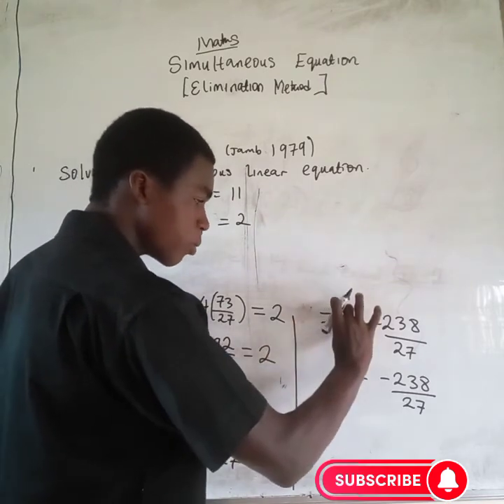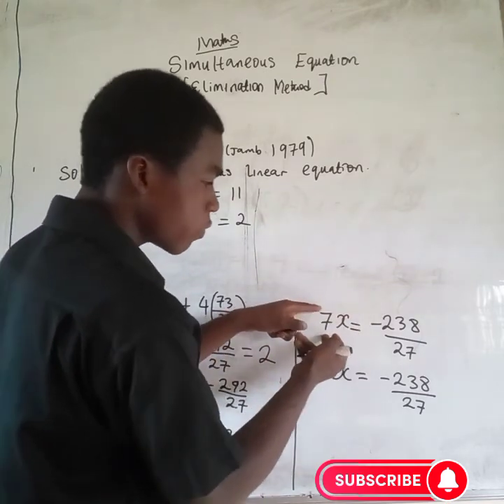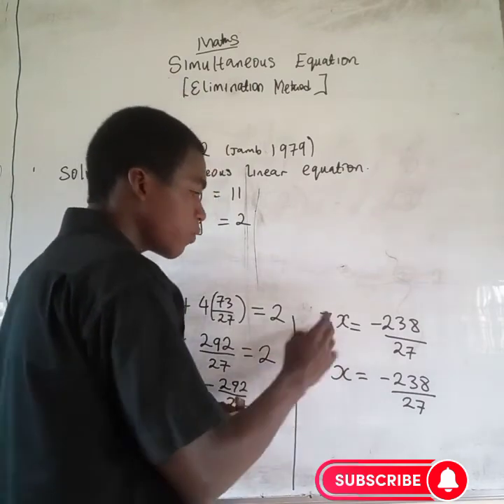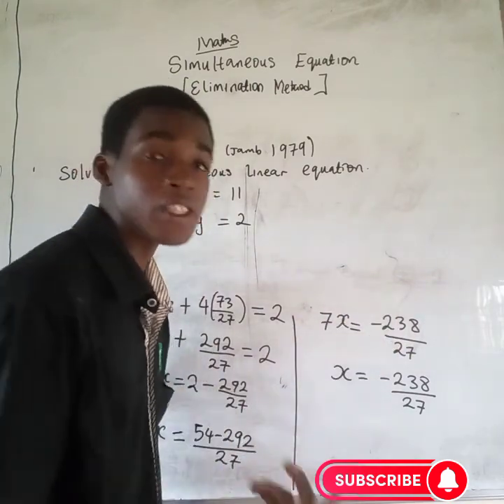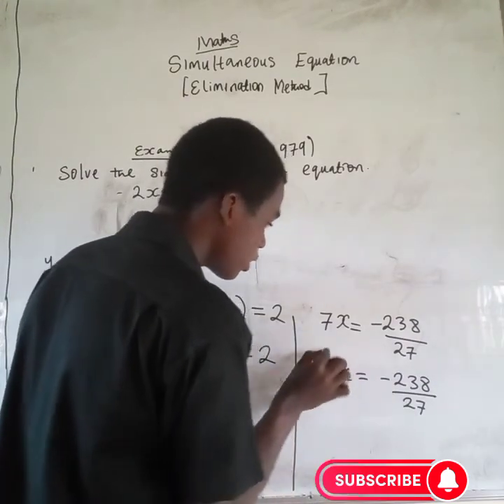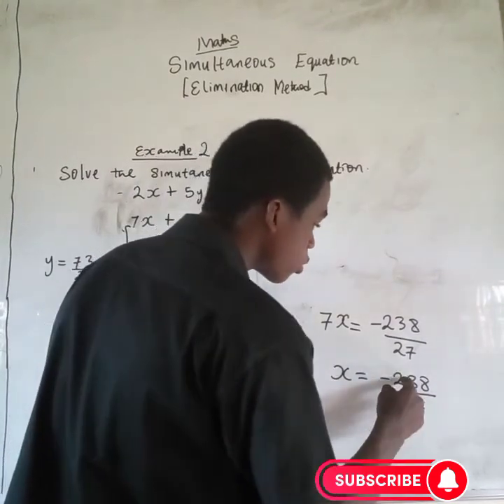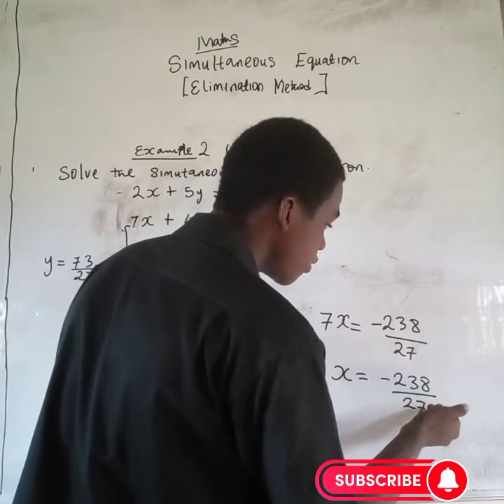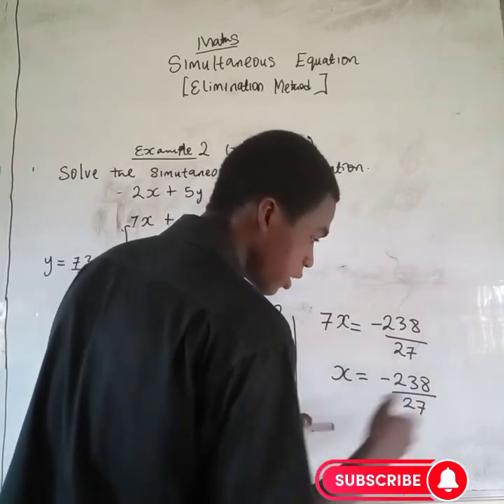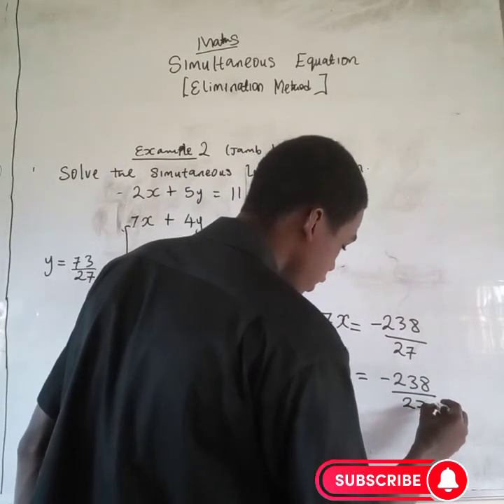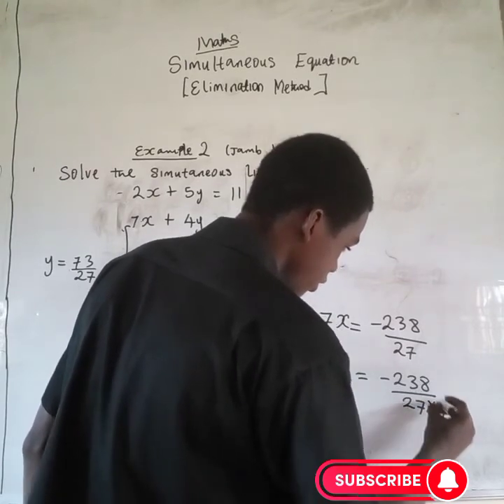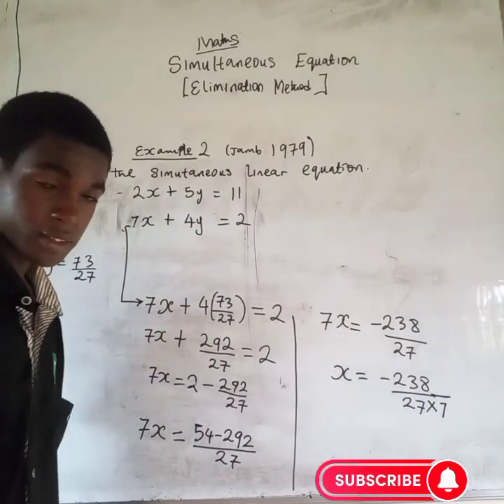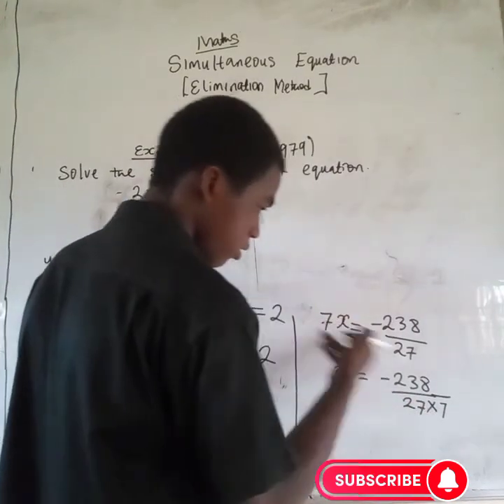So when you make x subject of formula, it means that you are removing 7 from this side. Now, when 7, which is bound to x by multiplication, goes to the other side, it becomes division. So this side now, since x is crossing to the other side, it becomes 238 over 7. It will now go to the division side, right? Over 7. Do you understand?